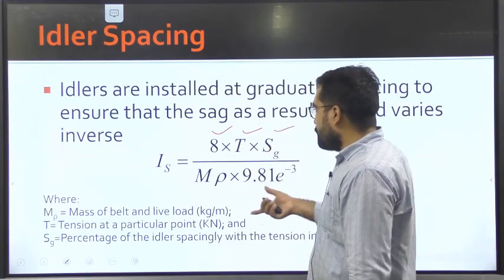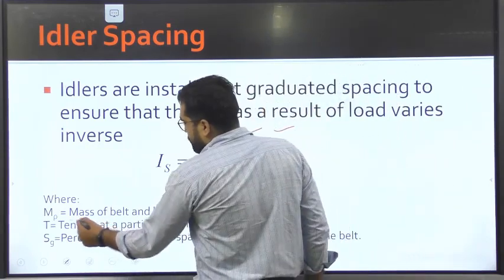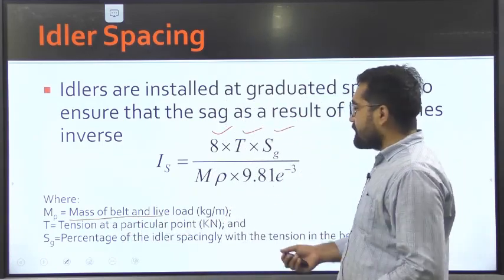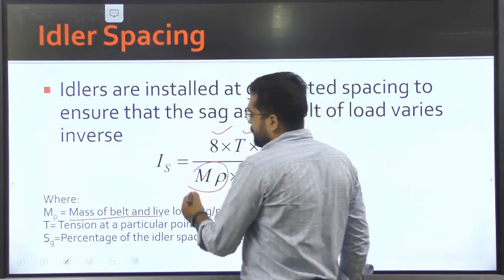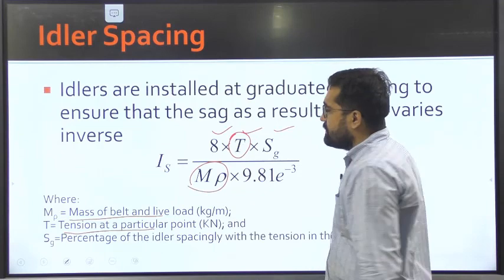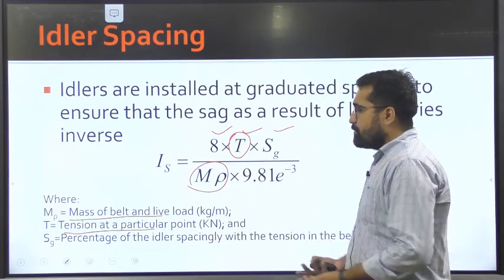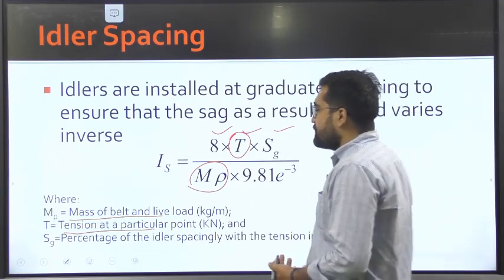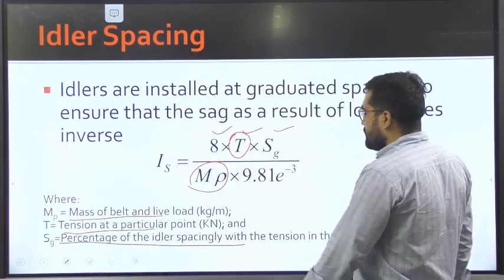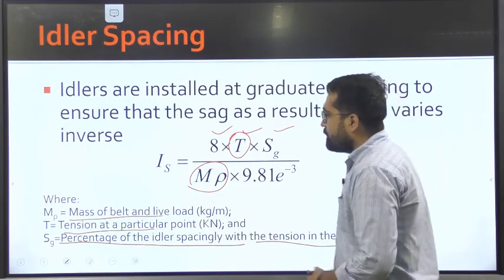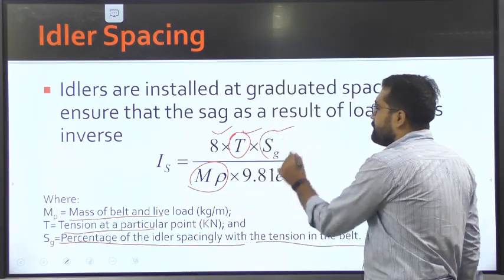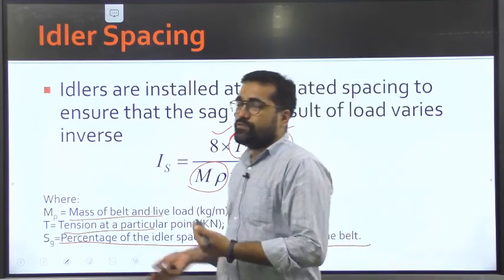Here m rho is the mass of the belt or live load on the belt, whatever material we are conveying. T is the tension, which we already found, the tension at whatever point we are measuring. Sg is the percentage of idler spacing with the tension of the belt. So Sg will be a constant which we use to find the spacing.